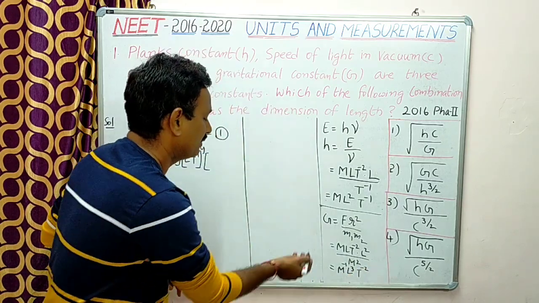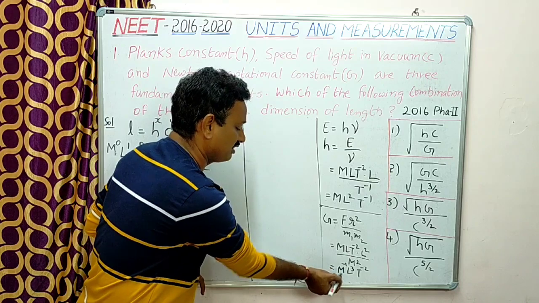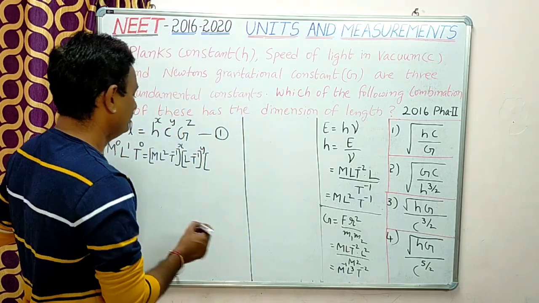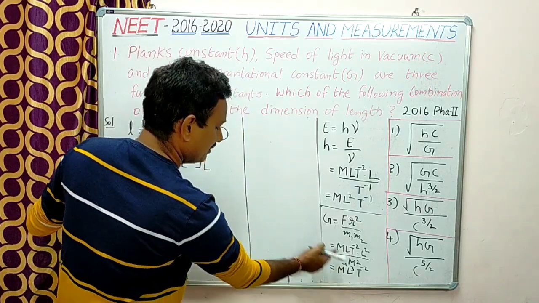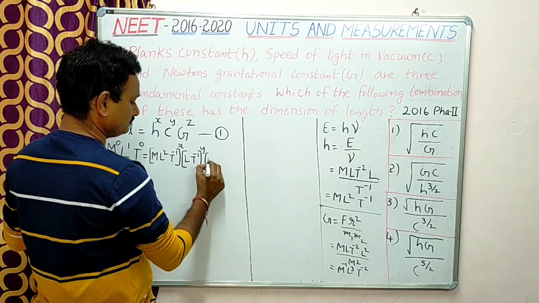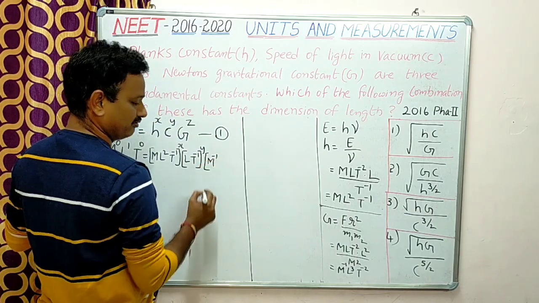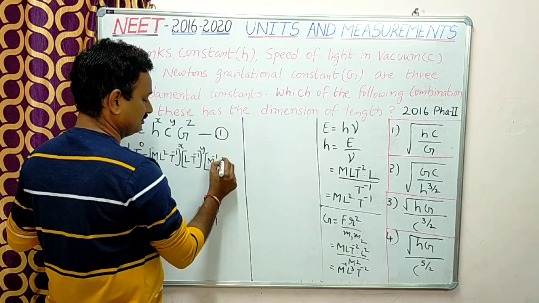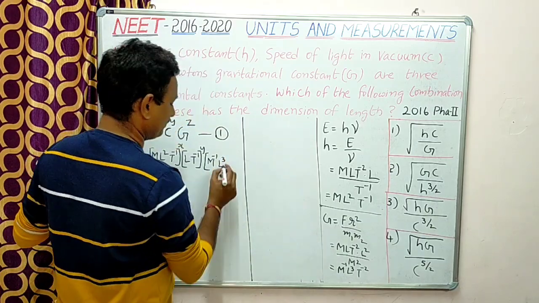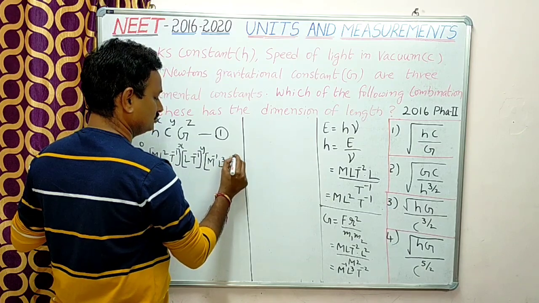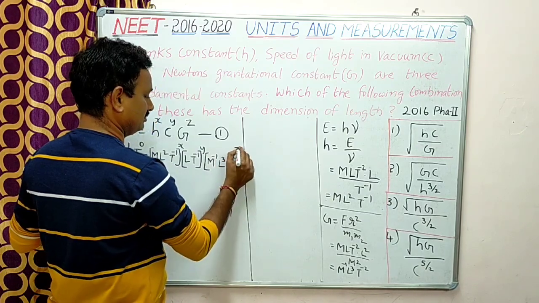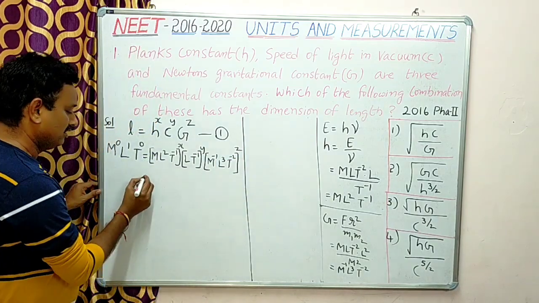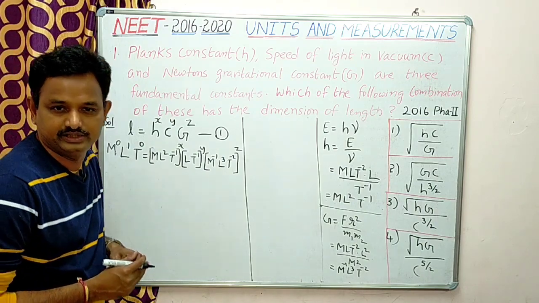So in the place of the gravitational constant, I will write this dimensional formula, that is m power minus 1, L power 3, t power minus 2, whole power z.